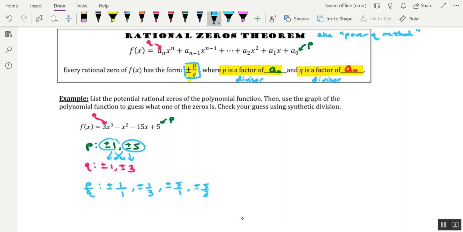Of course, you might get values of p and q where things simplify, and there's also a potential to get duplicates in your list, in which case any duplicates can be discarded. Alright, we don't have any duplicates here. We could simplify if we wanted, to write 1 over 1 as 1 and 5 over 1 as 5, but I'm going to leave it as is.